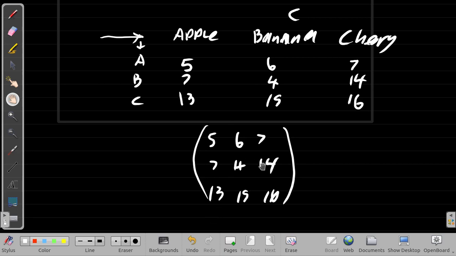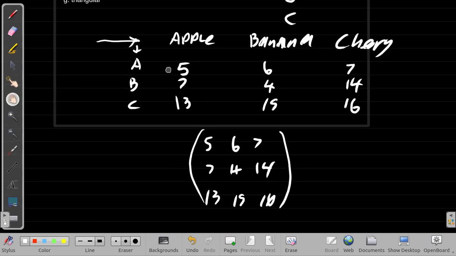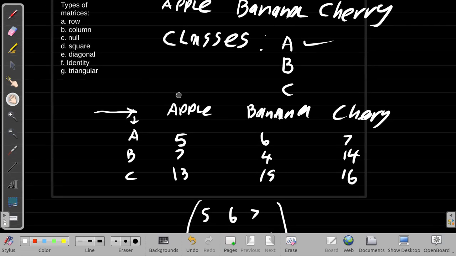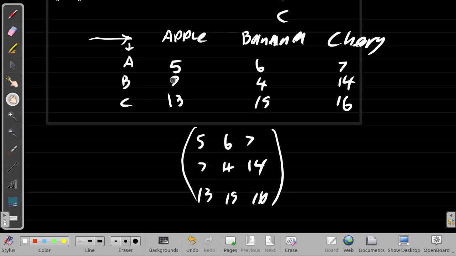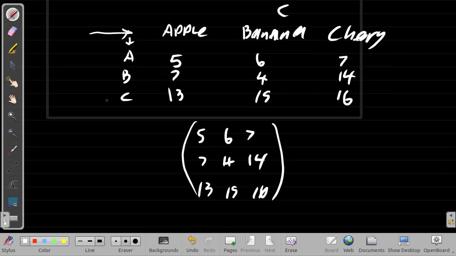As you see, we use round brackets to put the numbers in it. These numbers, then, are called the elements in the matrix. Just like how you have elements of a set, you have elements in a matrix. Alright? Now, this matrix has 1, 2, 3 rows.